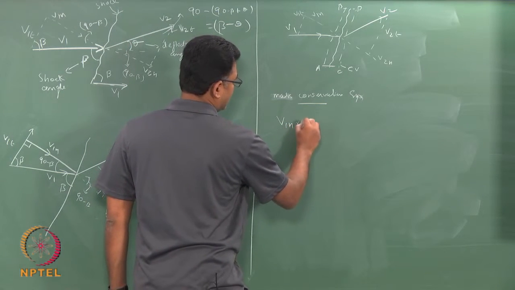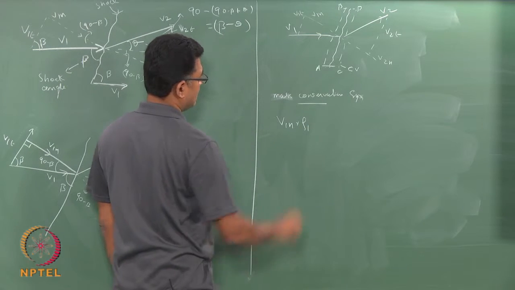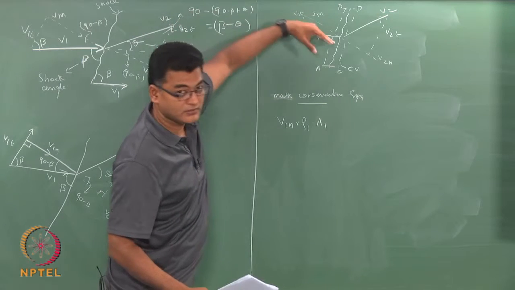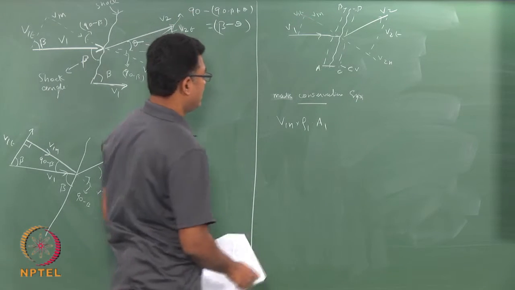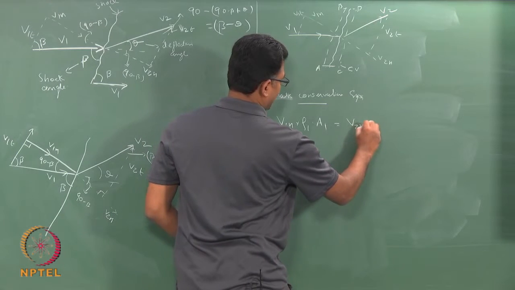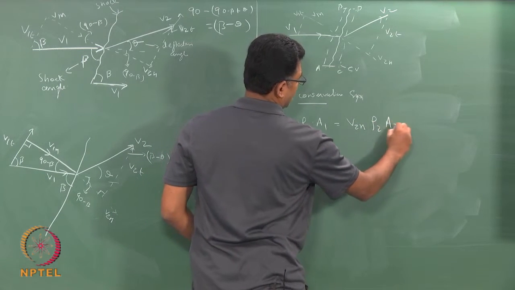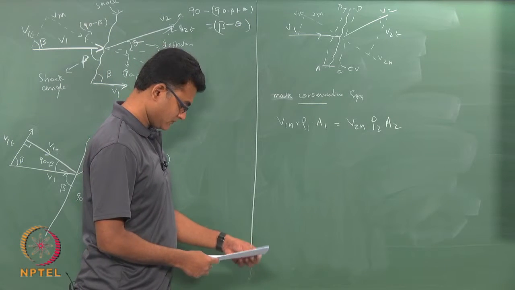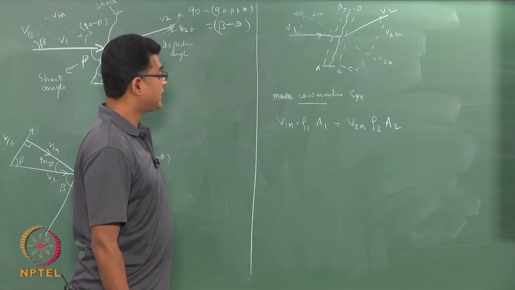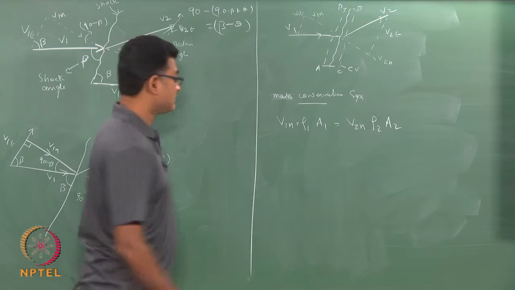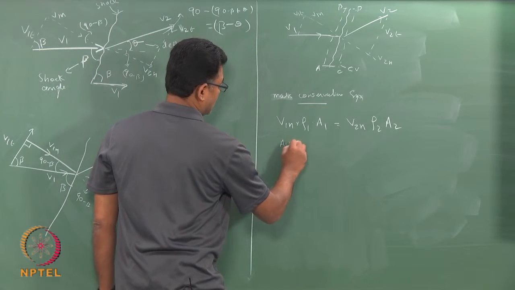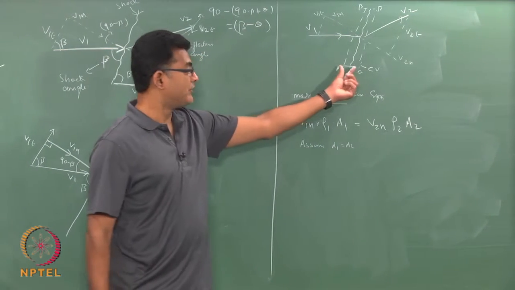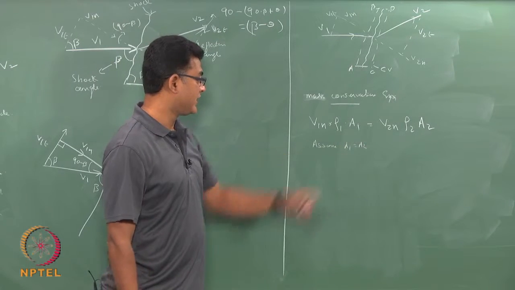V1n into rho 1 into A1. So, the fluid that is crossing the area, at a normal velocity, is the same as V2n rho 2 A2. Assuming A2 equals A1, assuming the control volume to be very thin, I can assume A1 equals A2.